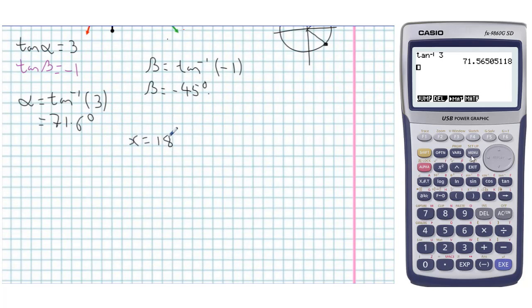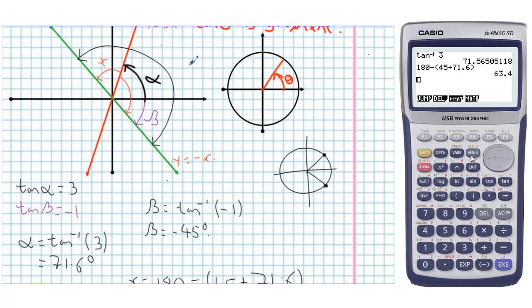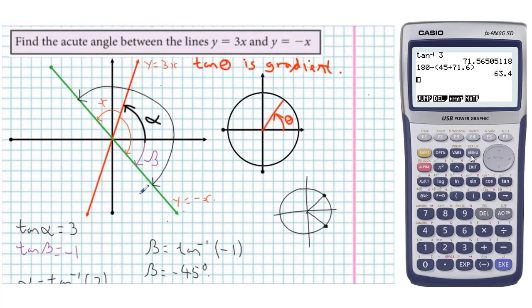X equals 180, take away 45 plus 71.6, and that gives us an answer of 63.4 degrees. If we just go back and look at the diagram, it looks reasonable.